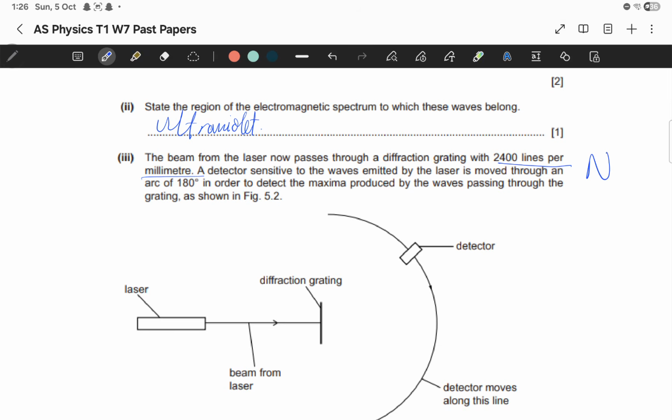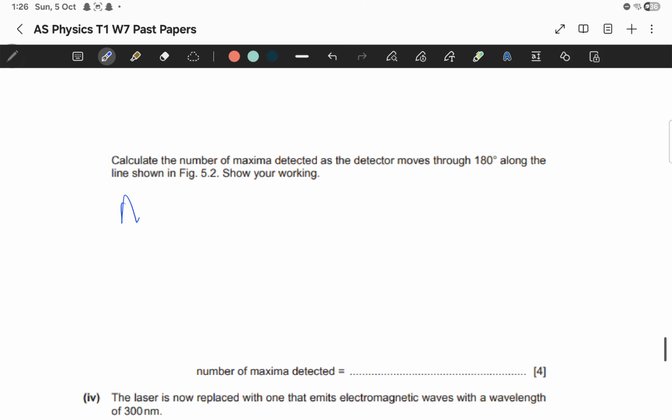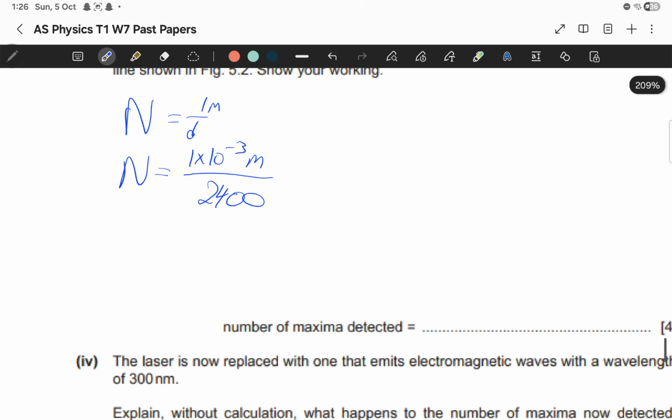This is n. Recall the formula: n is equal to 1 over d, so 1 meter over d. They give us 1 millimeter, so change it to meters. So it's going to be 1 times 10 to the power of negative 3 meters over 2400, because that's how many lines they told us.